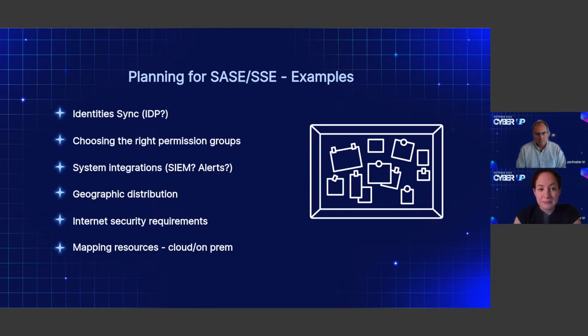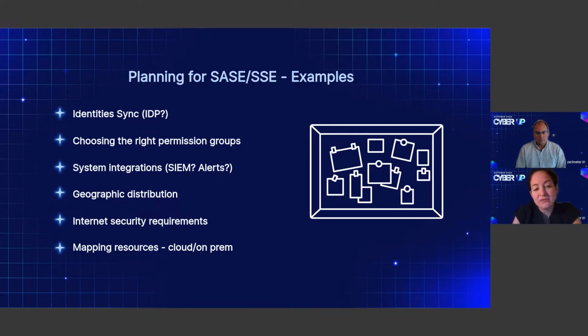So identities, again, are the most important thing that you have to think about when you are planning for such a deployment. Now, another item that is related to the identities is to talk about the right permission groups. You can define different groups according to functional role in the organization, according to security level, according to various different business drivers or initiatives you may have within your organization.